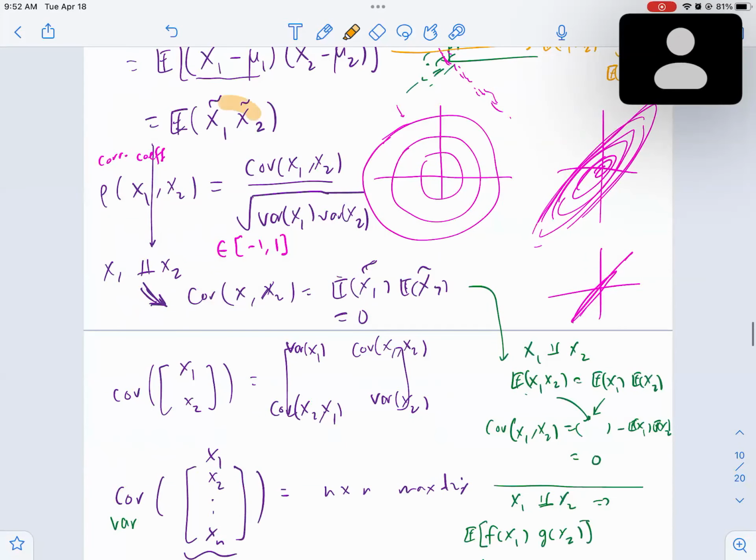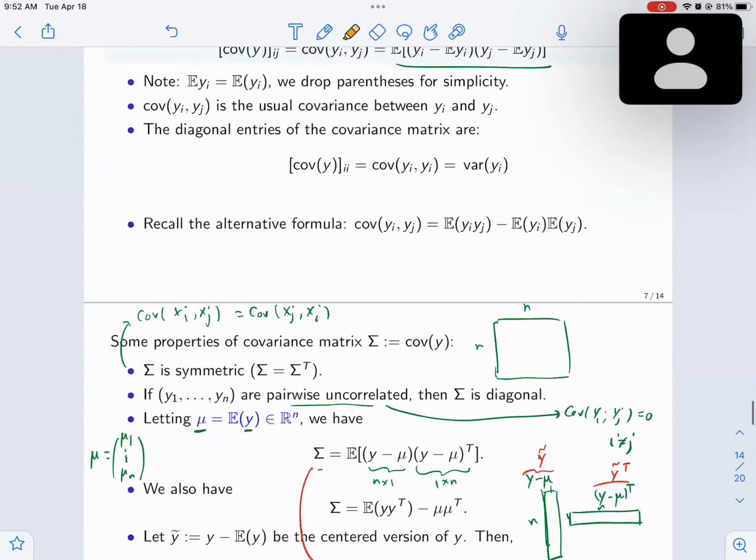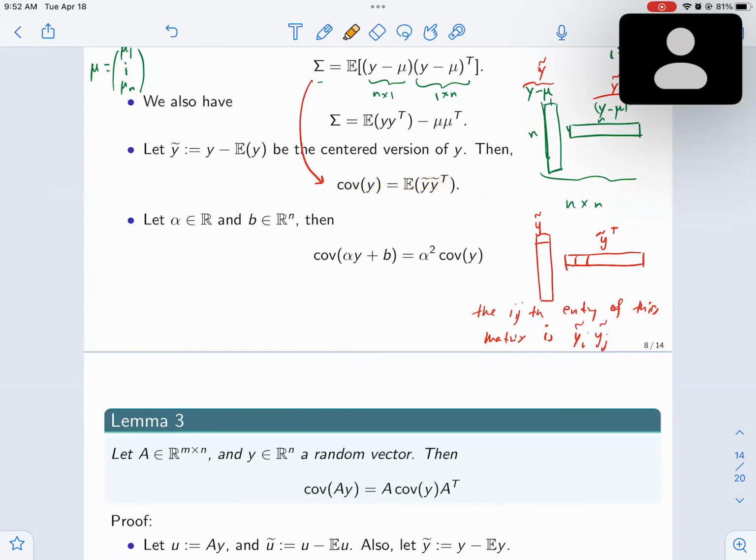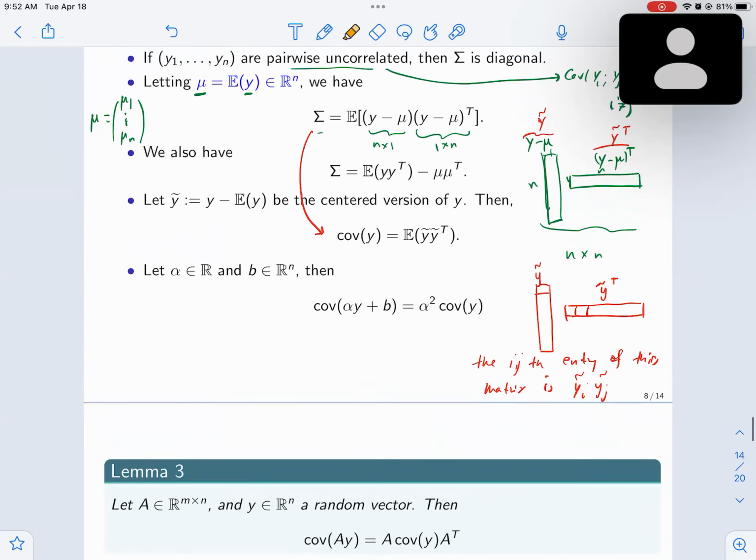So instead of writing something like that, now you write, for example, y tilde transpose. And then another expression for this is, if I expand this expression, I get a similar expression for the covariance matrix, which corresponds to the second representation of the covariance of two random variables.